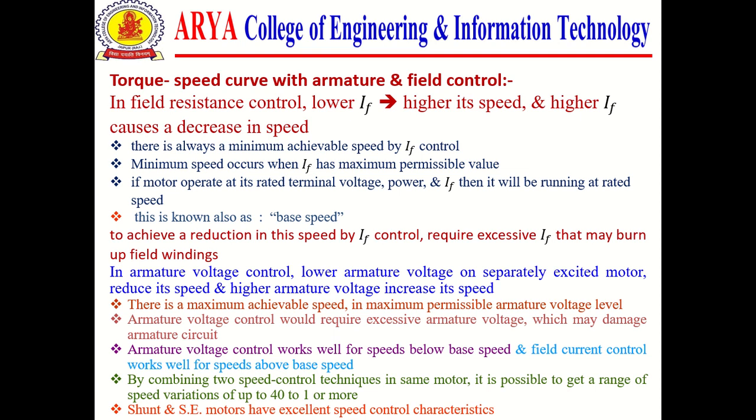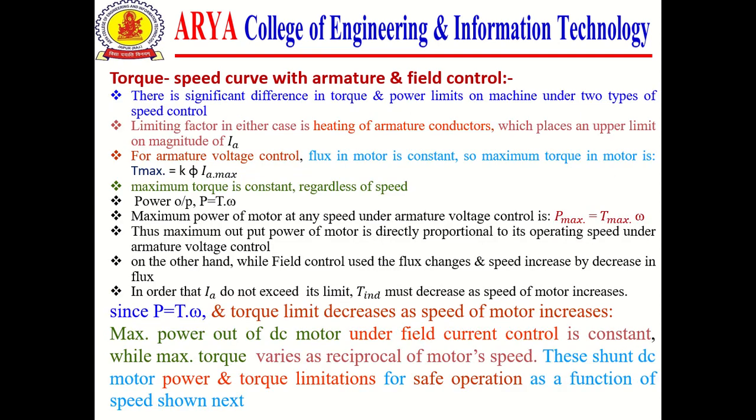By combining the two speed control techniques in the same motor, it is possible to get a speed variation range of up to 4 to 1 or more. So shunt and series motors have excellent speed control characteristics.